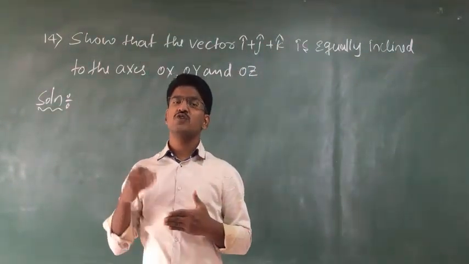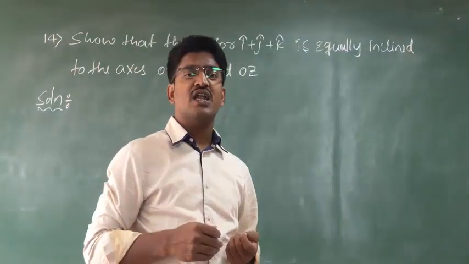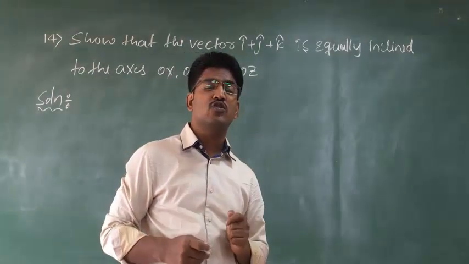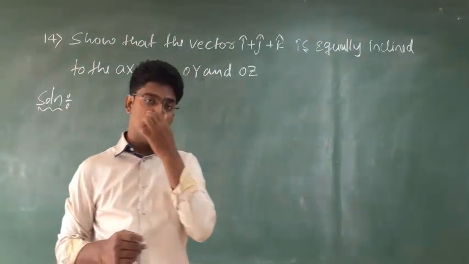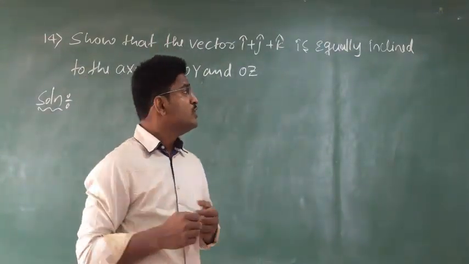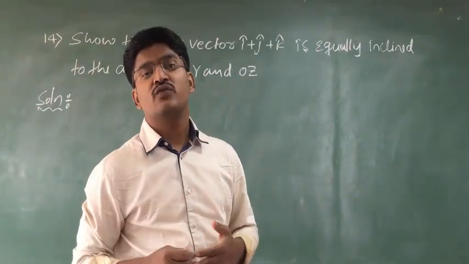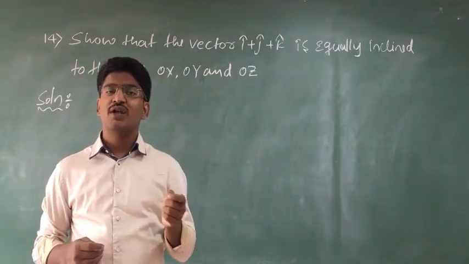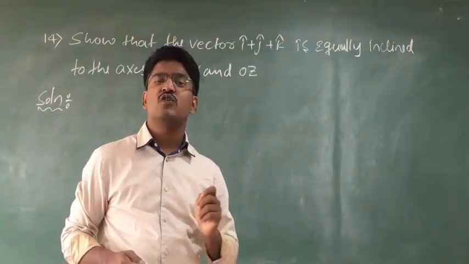Till now we have solved problems on direction cosines and we know what is direction ratio, but the geometrical meaning of direction cosines and direction ratios till now we have not discussed. But to answer this simple question, we must know that very beautiful thing, the geometrical meaning of direction ratios and direction cosines.